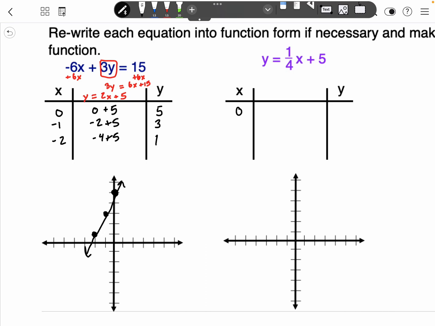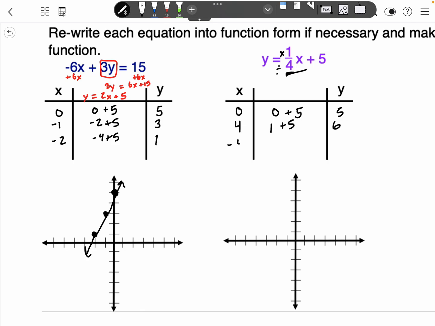So I'm going to start with 0. 1/4 times 0 is 0. Plus 5 is 5. Then I'm going to pick 4. 1/4 of 4, so it's just basically times 1 divide by 4. So that's 1. Plus 5 is 6.